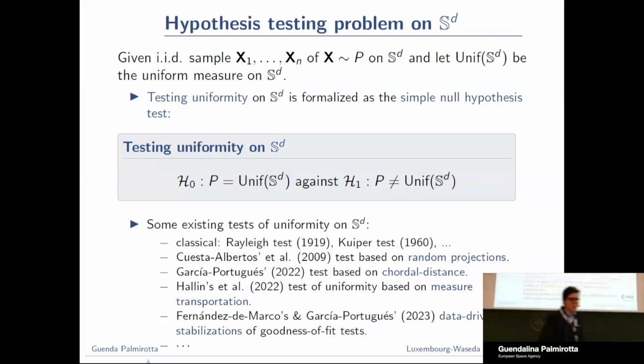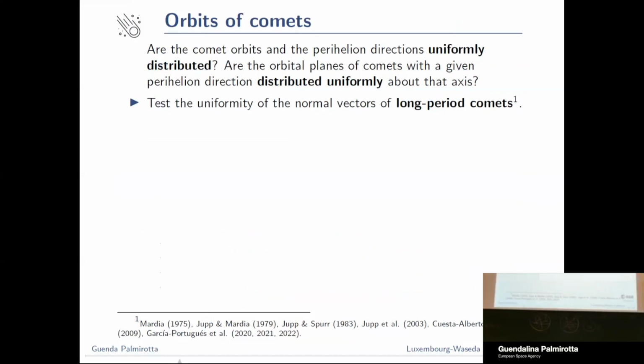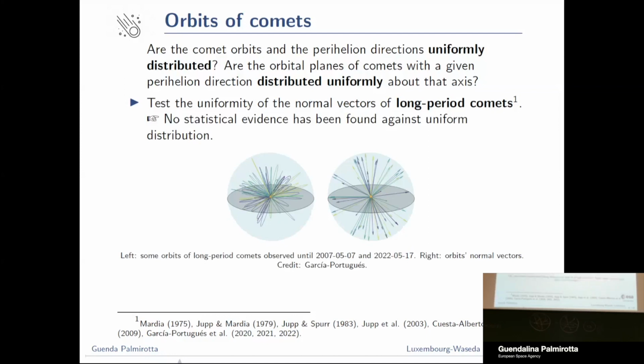So let us come back to the problem of orbits of comets. The question is, are the comet orbits uniformly distributed? As I explained before, we use a test of uniformity on the normal vectors, in this case of long period comets. Here you have a picture of what I tried to draw on the blackboard. Garcia-Portugues did it a little bit better than me.